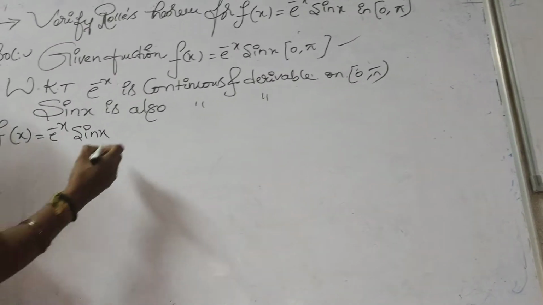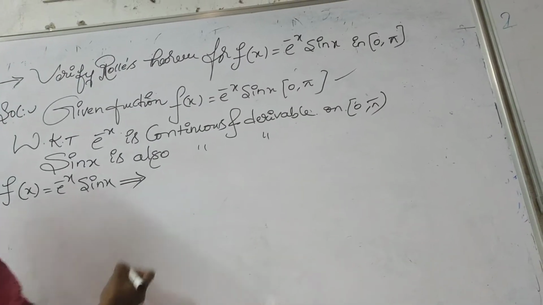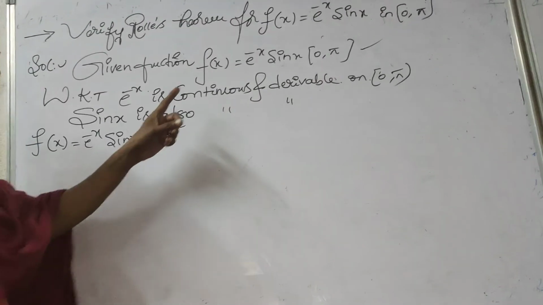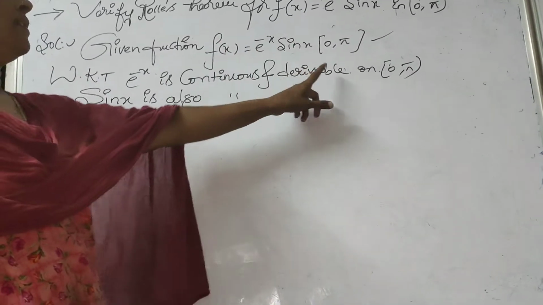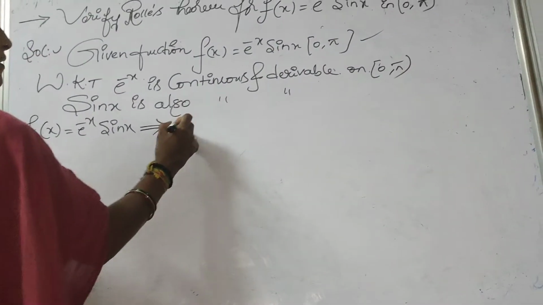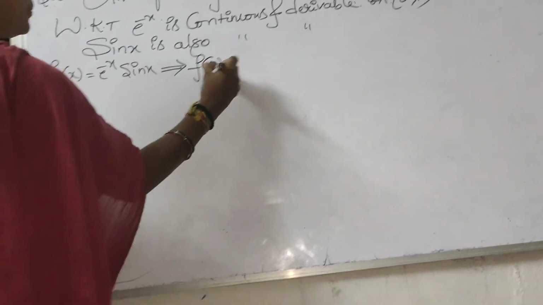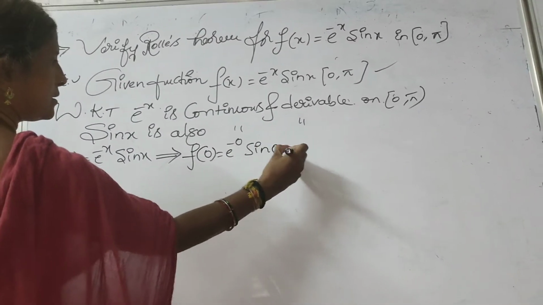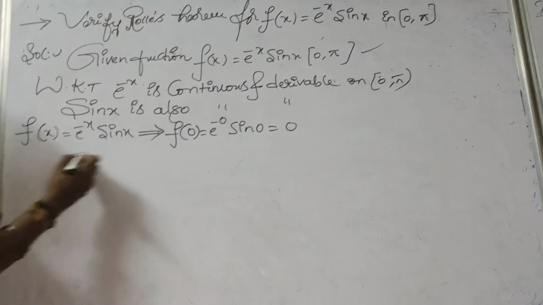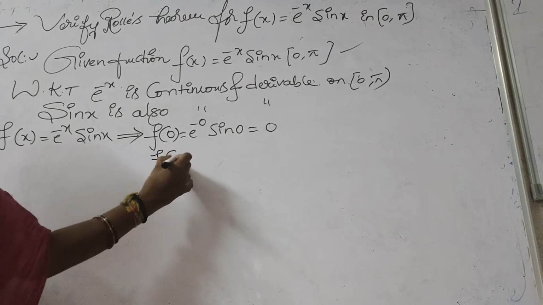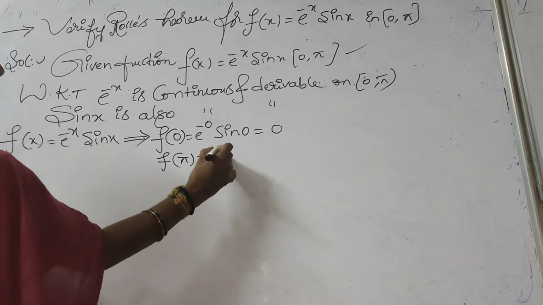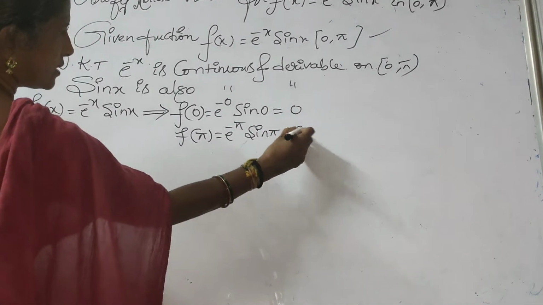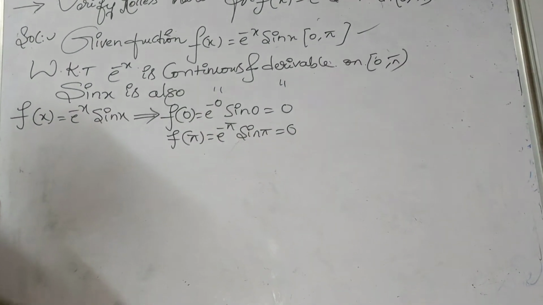That implies first of all substitute in the given interval 0 comma pi. In place of x write 0. That is f of 0 equals e power minus 0 sin 0, which is 0. Next f of pi equals e power minus pi into sin pi. This is also 0.